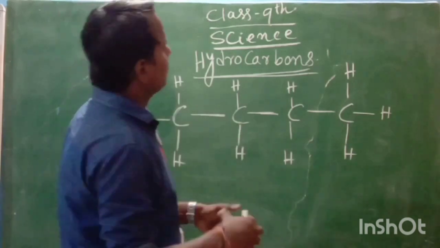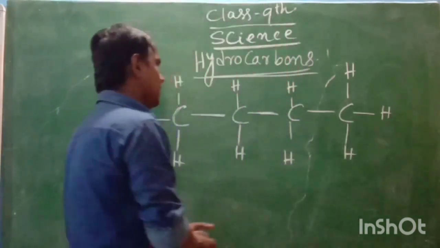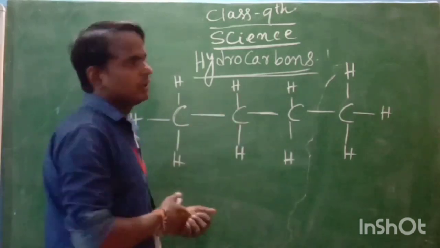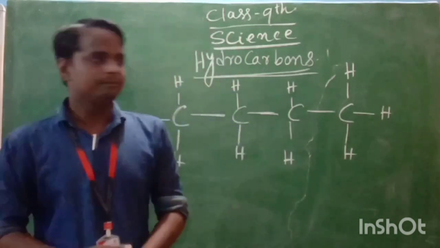Like this, a long chain of carbon atoms is formed. Here there are only 4 carbons, but it may be 5, 6, and so on.